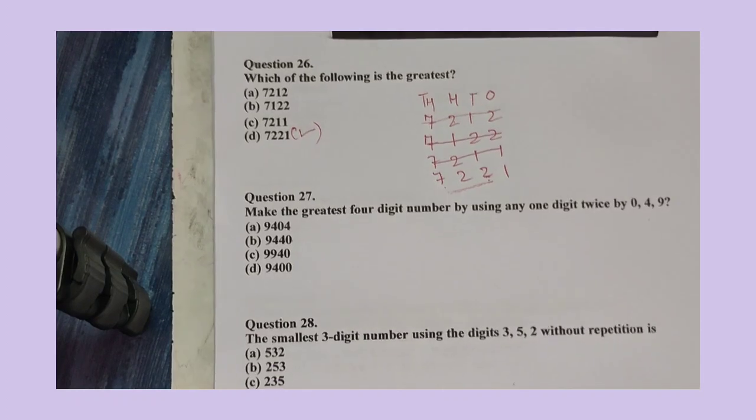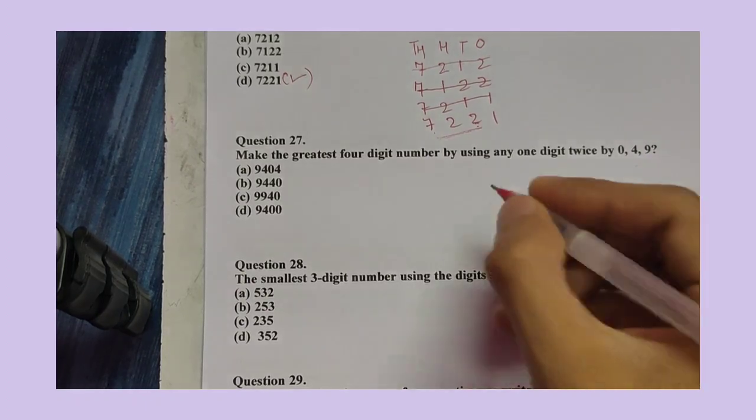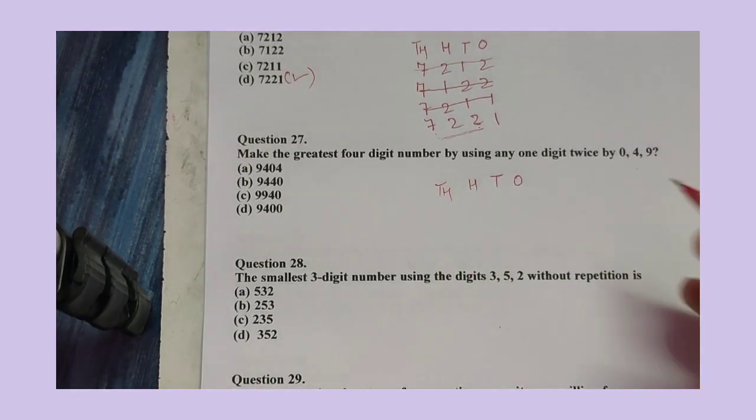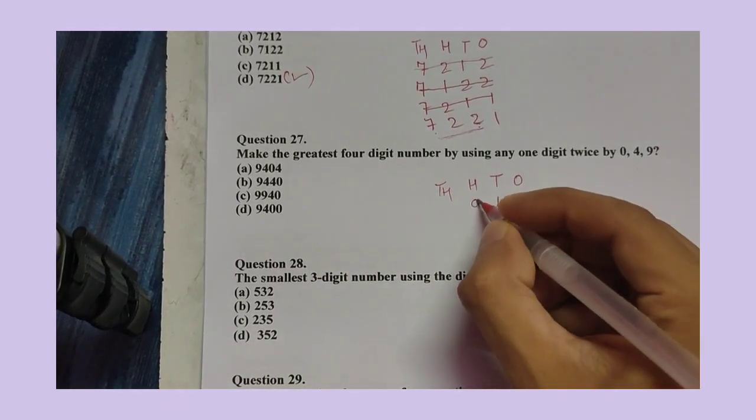Now moving on to question number 27. Make the greatest 4-digit number by using any 1 digit twice. Okay, again 1 digit can be used twice and we have to make the greatest 4-digit number. For the greatest number, at the 1st place we have to use the greatest out of the 3 given digits: 0, 4 and 9. The greatest is 9, then comes 4, then 0.